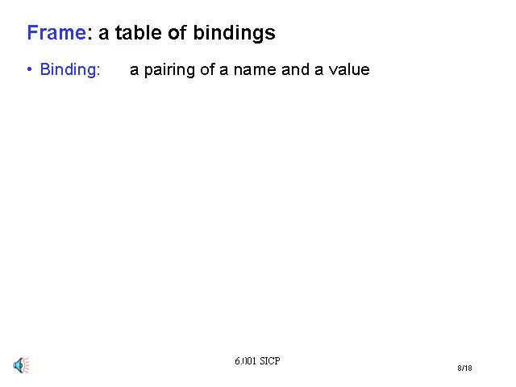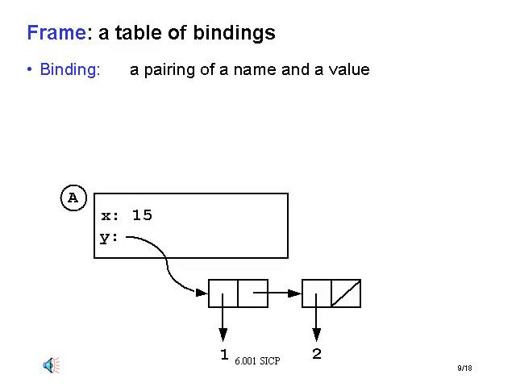First of all, if variables should now be thought of as places, we need a way of organizing them. So the first piece of an environment is something we call a frame. This just consists of a table of bindings, and a binding here refers to a pairing of a name and a slot into which a value can be stored that will be associated with that name. In terms of an abstract schematic for keeping track of that, here's a table of bindings. Table A, which we also refer to as a frame, has two bindings in it.